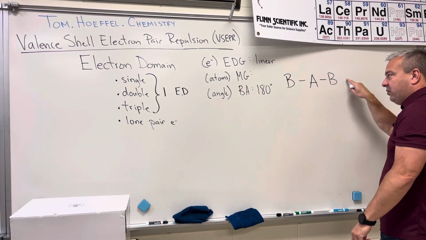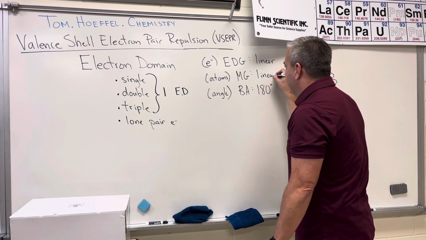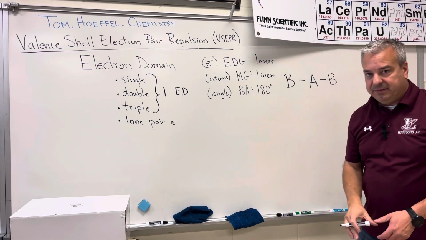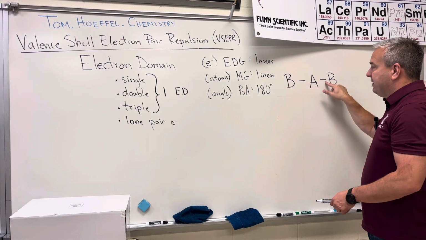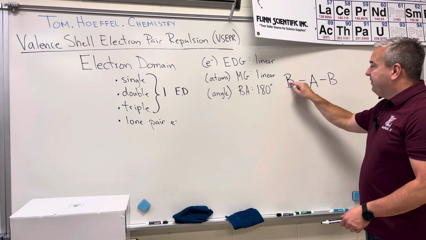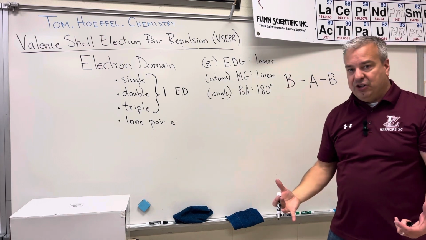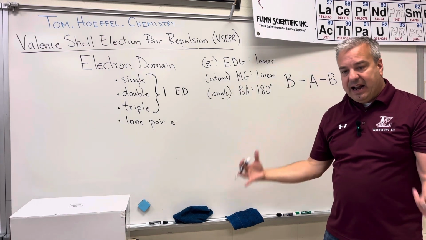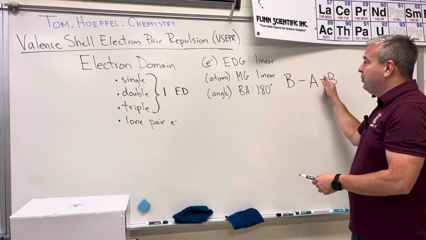I still have this straight line, so the molecular geometry is going to be linear as well. If the electrons make a straight line, the electron domain geometry is linear, and if the atoms go in a straight line, the molecular geometry is linear as well. So that explains two domains.